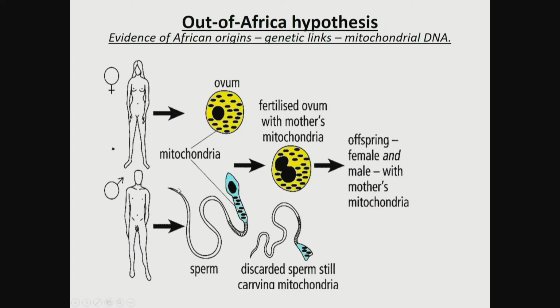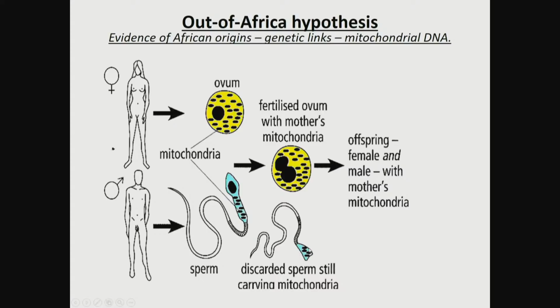And then for the out of Africa hypothesis, when we have to explain mitochondrial DNA: mitochondrial DNA is what happens here, that the ovum is fertilized by the sperm cell, but only the sperm cell's head is fertilizing the ovum. It loses the neck and the tail.